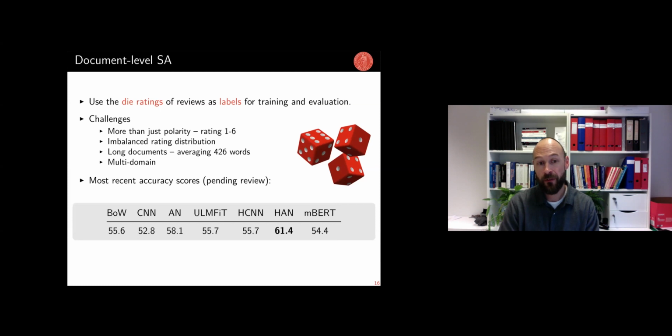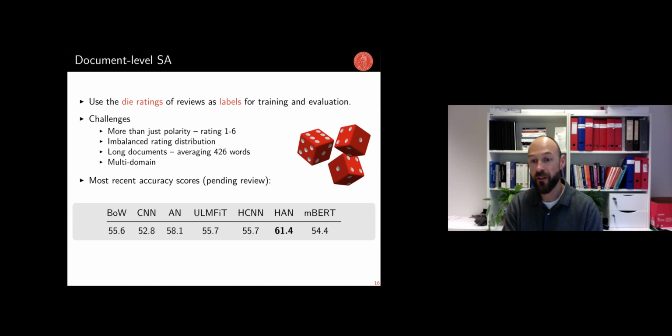So these are the best accuracy scores that we've seen so far. This is for a bunch of different models, starting with a simple linear model with bag of words as a baseline, and then training a suite of different neural models. I don't think I'll go into the details here. It's a CNN model and an attention network, also using a transfer learning approach with ULMFiT.